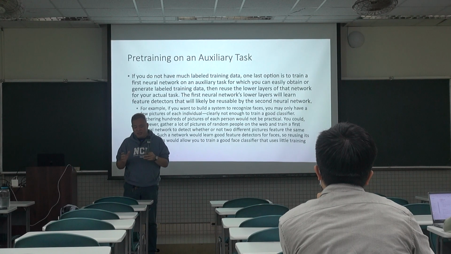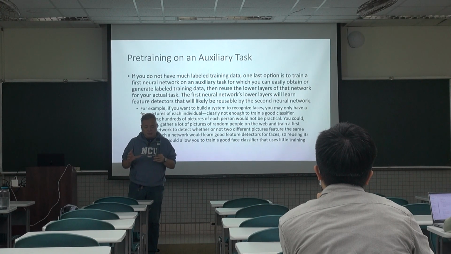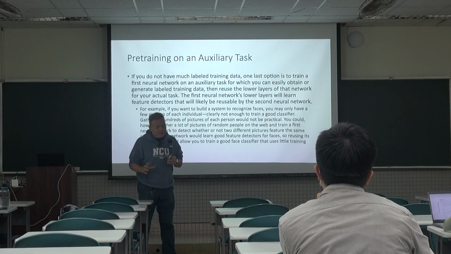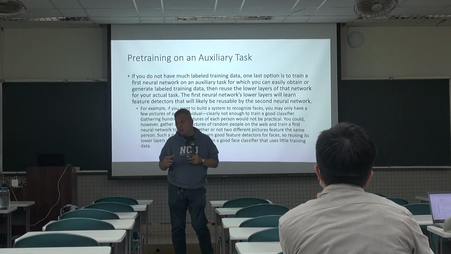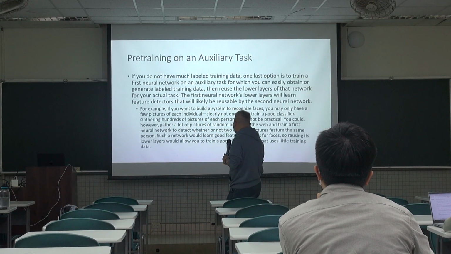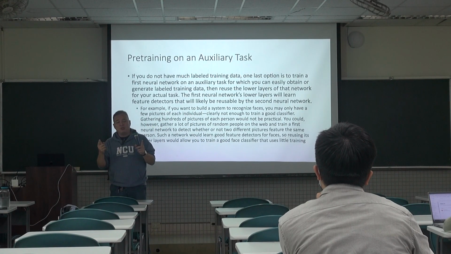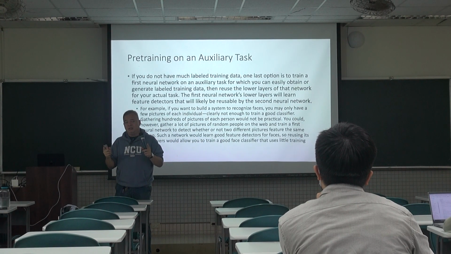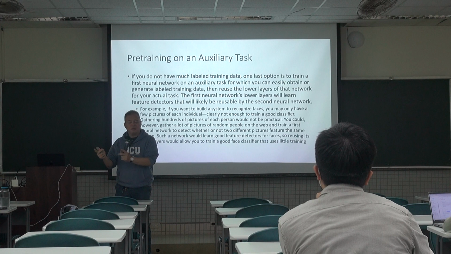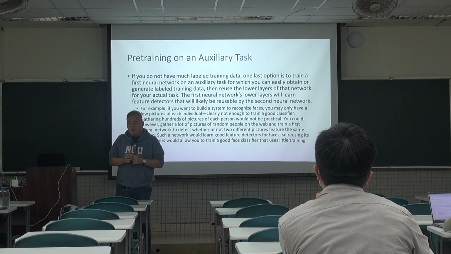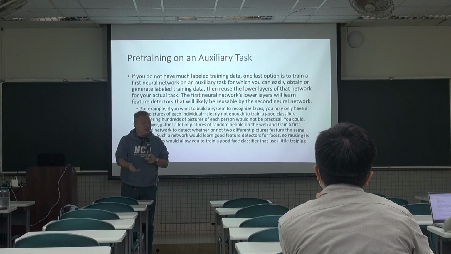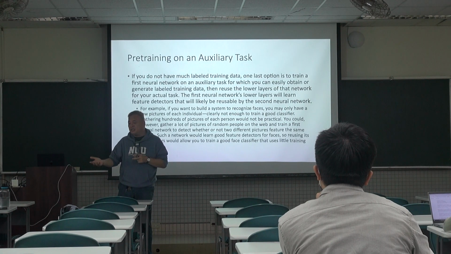We can train a model that may be able to identify if two photos represent the same person based on the face in the photo. You can easily get a lot of such data sets from Instagram. Why?